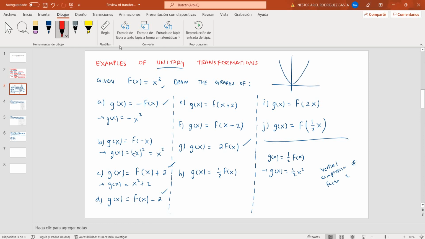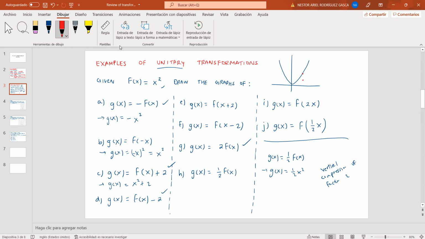Then what's happening is that to each of these points in this original graph, I am not going to multiply by 2 this time. If I'm talking about a compression of factor 2, I'm going to divide the y coordinates of each of these points, only the y coordinates, by 2. So that now this point will be transformed into this one, such that this distance is only half of this distance.